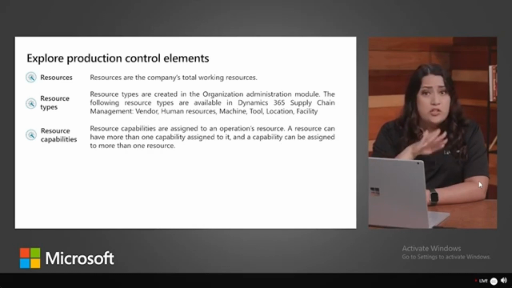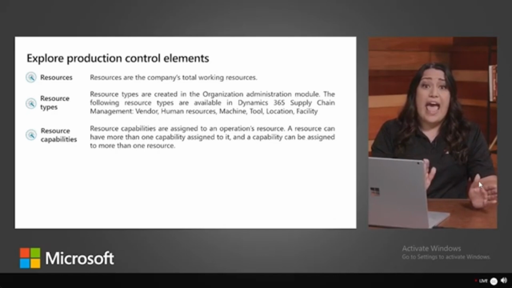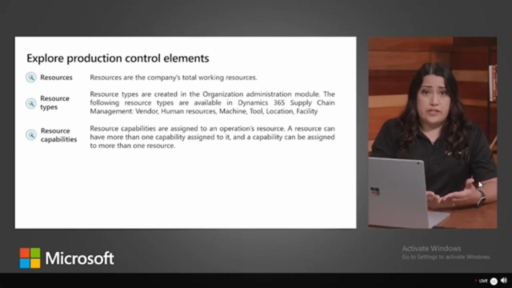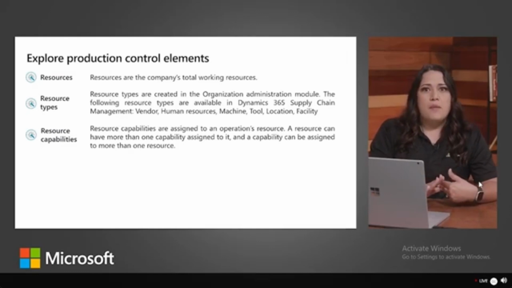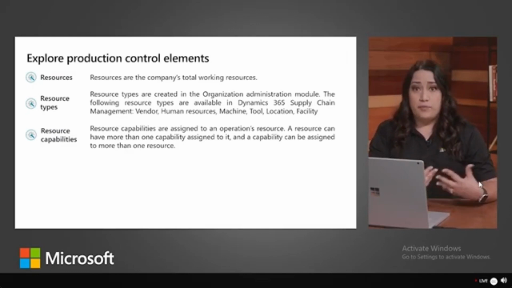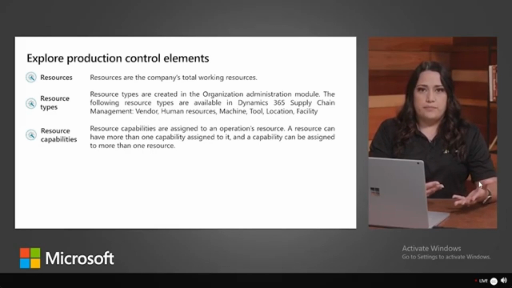So the first thing is your resources. This is anything that's used to create, produce, or deliver your goods or services, but it does not include the materials used in the process. So think of a machine, a tool, actual people, or a location.